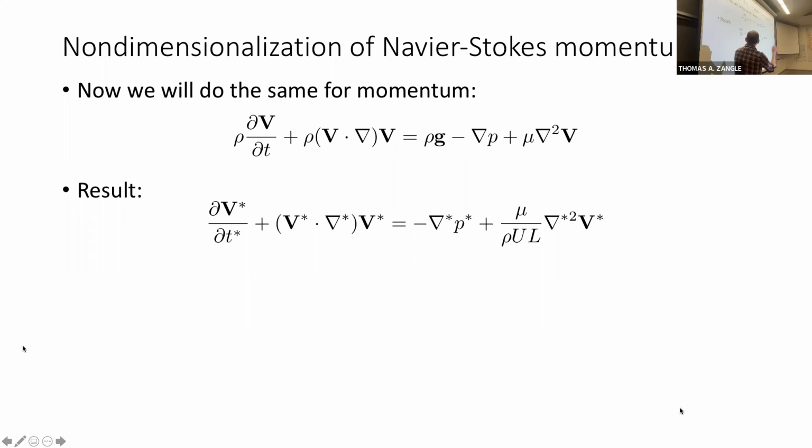So basically what we've done from this line to this line is the same thing that we did in continuity. Take the definition of all of our dimensionless scaled variables, all our star variables, and use those definitions to substitute for all of the dimensional forms of the variables that were in the original equation.